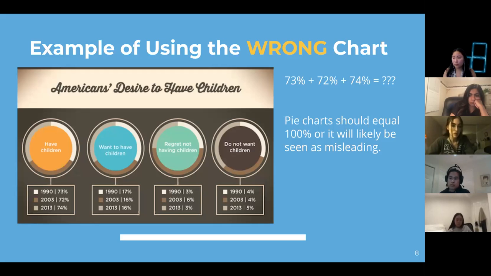But here, we have 73%, 72%, and 74%, which according to my calculations definitely does not equal 100%. This prompts the reader to have to actively think and interpret what the pie chart is trying to tell us, which immediately lowers its effectiveness. The second you have somebody having to think twice about what you're trying to tell them, you're already down the wrong road.